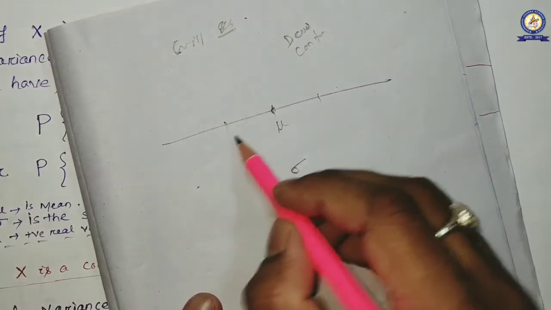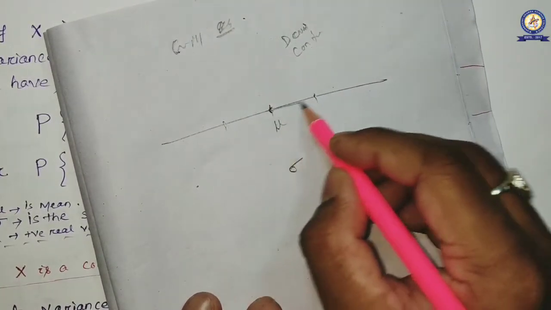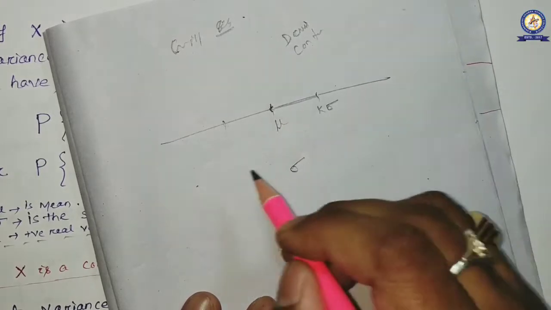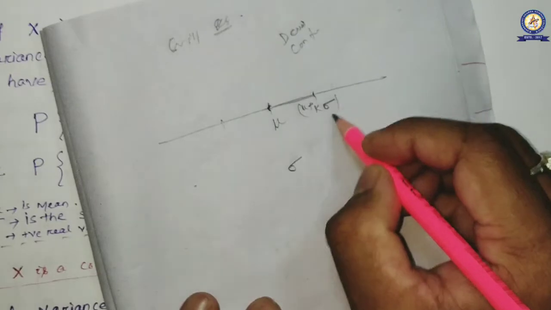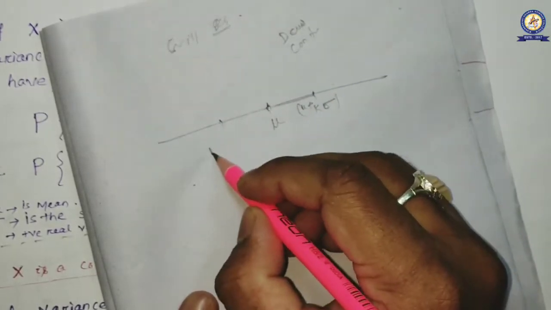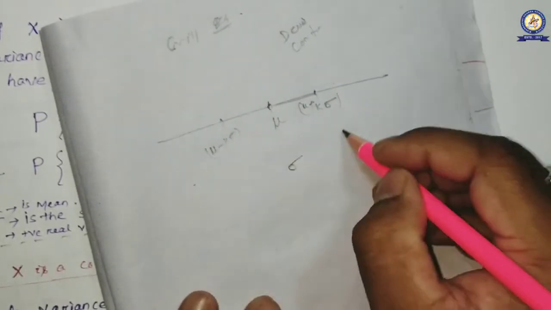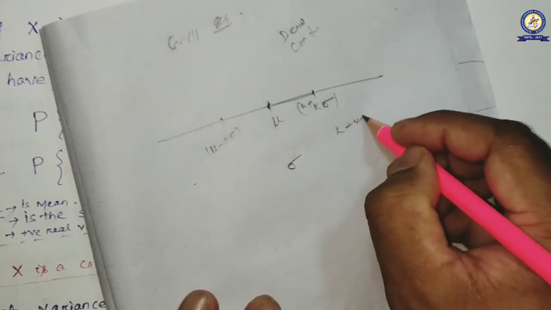Suppose this is the range of k sigma. This point is mu plus k sigma, and this point is mu minus k sigma, where k is a positive real.